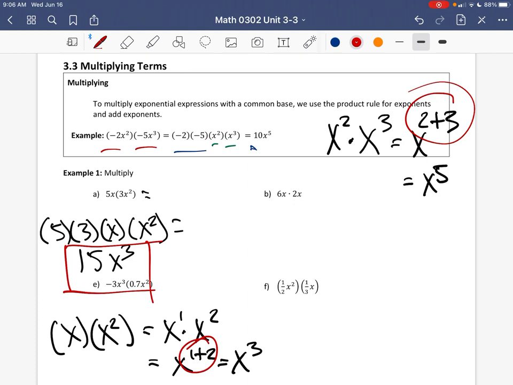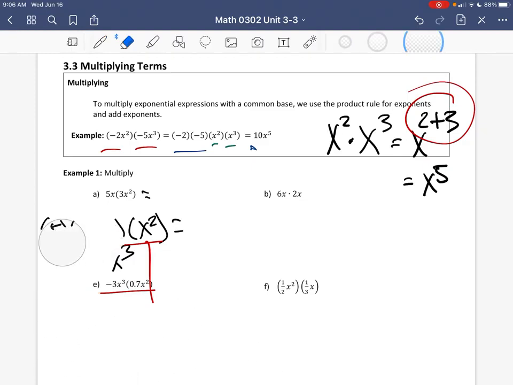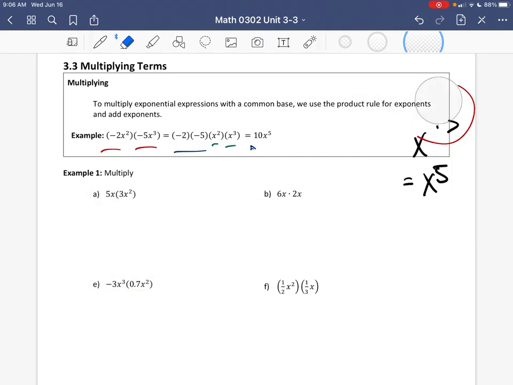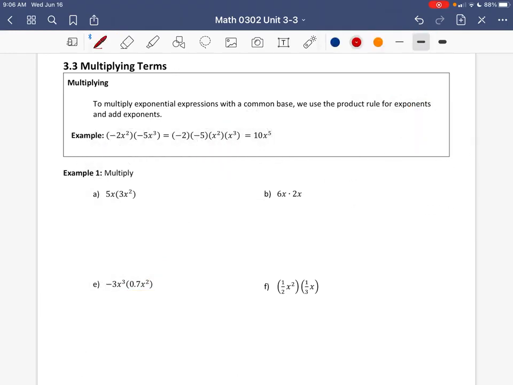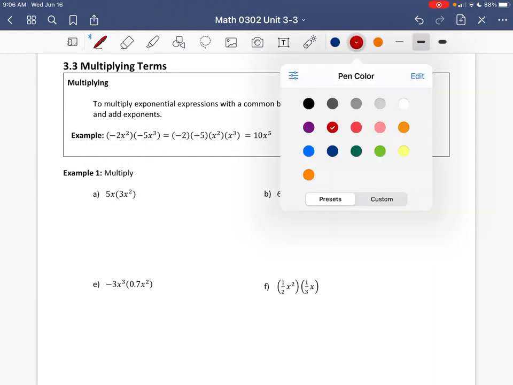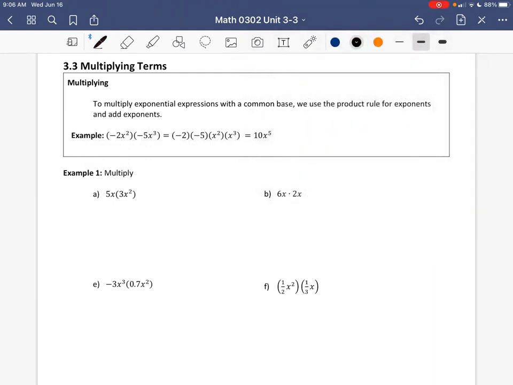Okay, let's take a look at part B. Let me go ahead and clean this up. It's asking us to multiply the term 6x times the 2x.